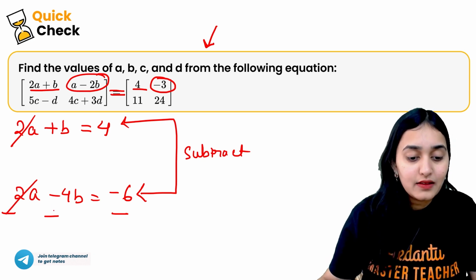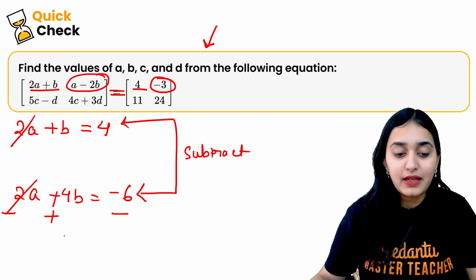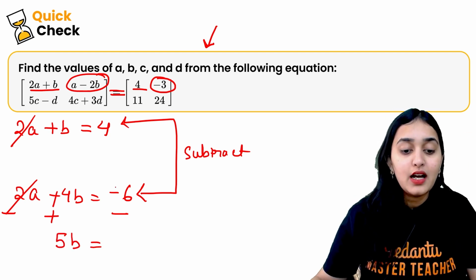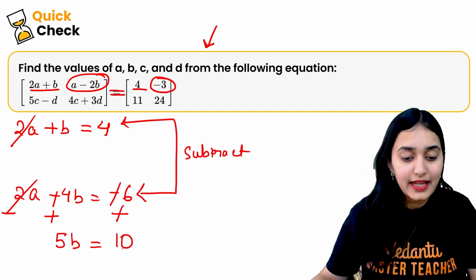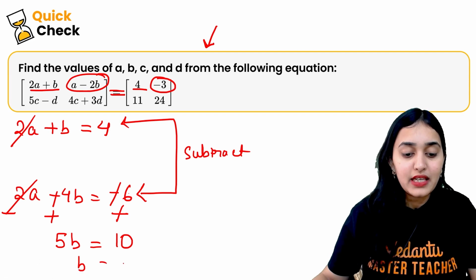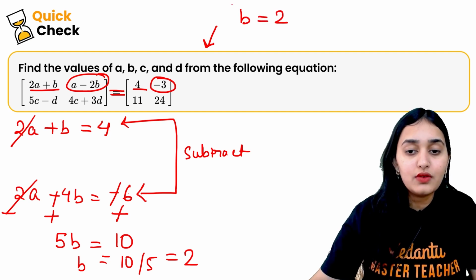Minus, minus, minus of minus will become plus. So 4b plus b, 5b. Minus, minus, plus. 6 plus 4, 10. So this implies that b is equal to 10 upon 5 is equal to 2. So we are getting b is equal to 2.